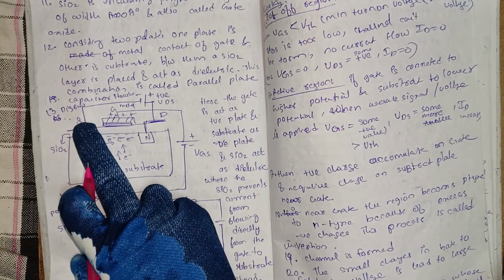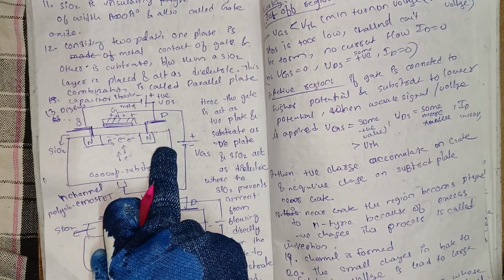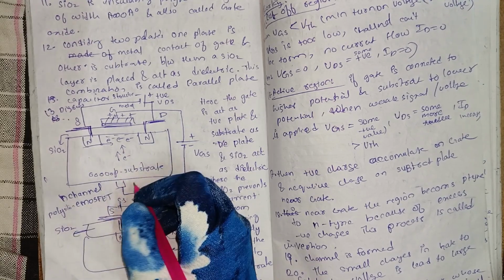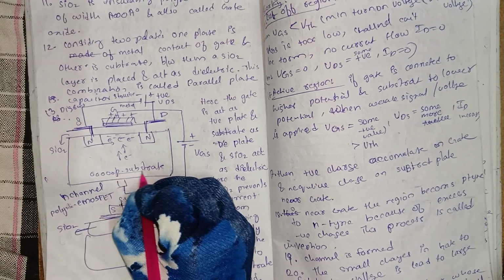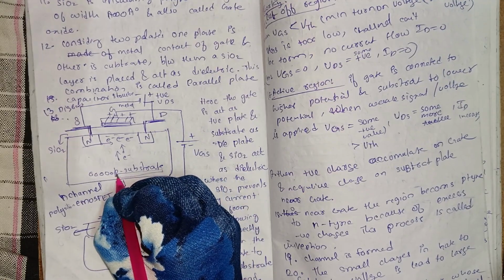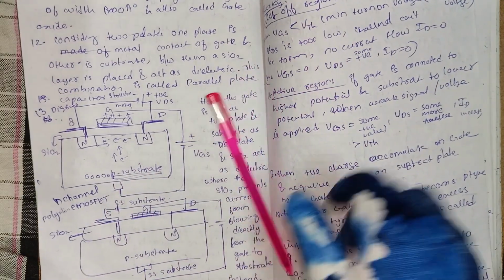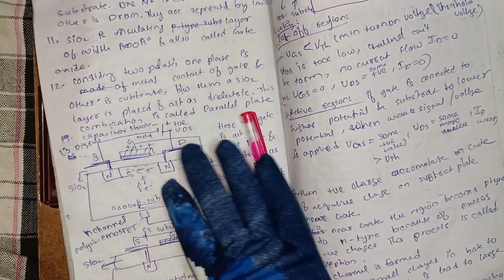And source and drain are N type materials, and here is the P substrate. Here also a metal, here the ohmic contact will be there. What is ohmic contact, I will explain later.